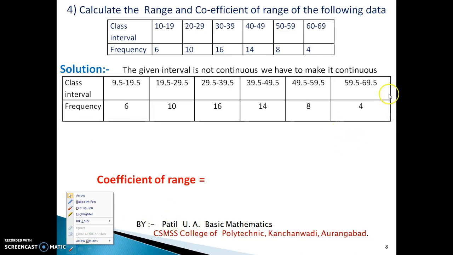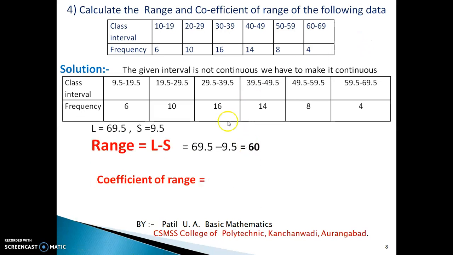Subtract 0.5 from the lower class limit and add 0.5 to the upper class limit. The same procedure for every interval. That's why we get 10 minus 0.5, 9.5. 19 plus 0.5, 19.5. 20 minus 0.5, 19.5. 29 plus 0.5, 29.5. 30 minus 0.5, 29.5.